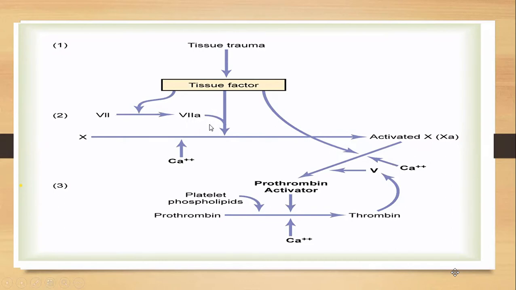This activated factor will activate factor 10, in the presence of calcium. Then your factor 10 forms your prothrombin activator, and your prothrombin activator will convert the prothrombin to thrombin.